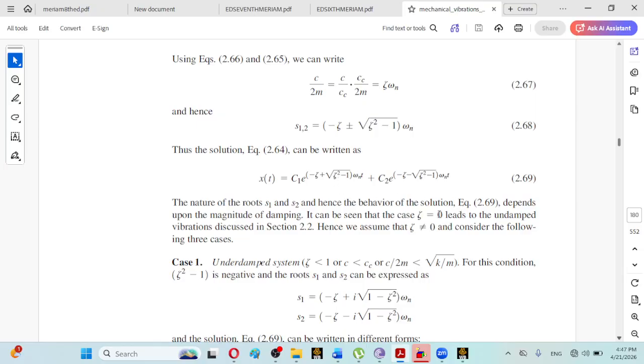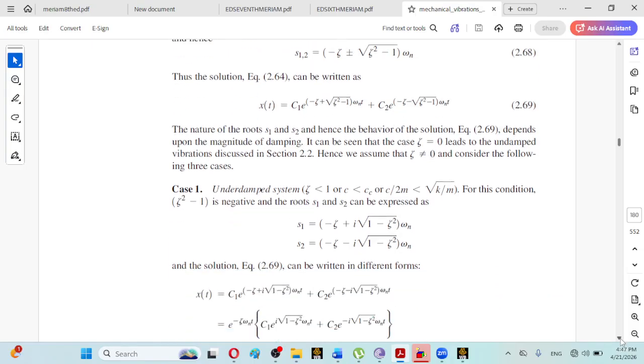For the other case, we assume that the damping factor is not equal to 0 for the damped case, and consider the following three cases. When the damping ratio is not equal to 0, meaning there is some type of viscous damping, it will have three cases.